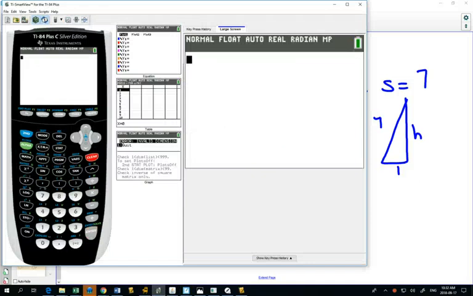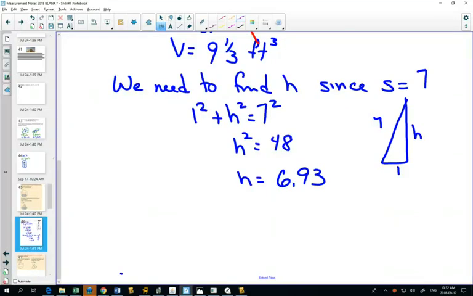Again, I'll put it on my calculator here. Square root of 48 is 6.93.